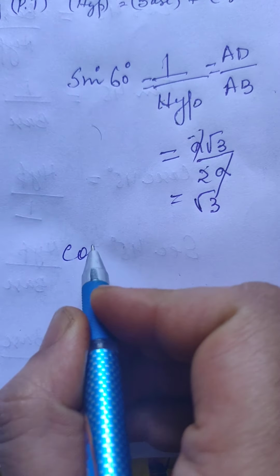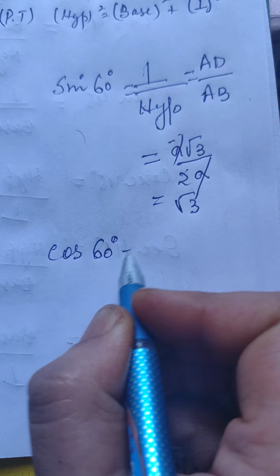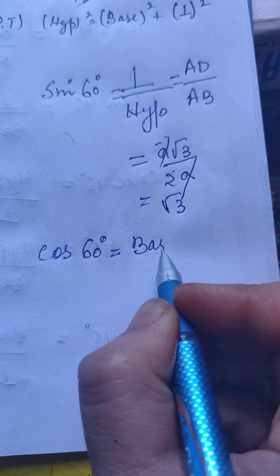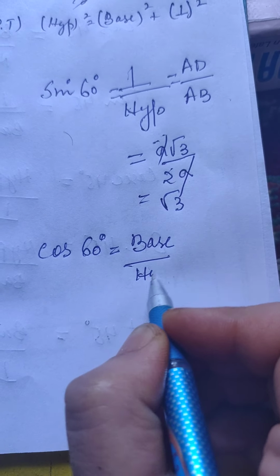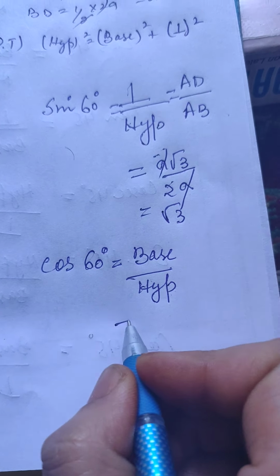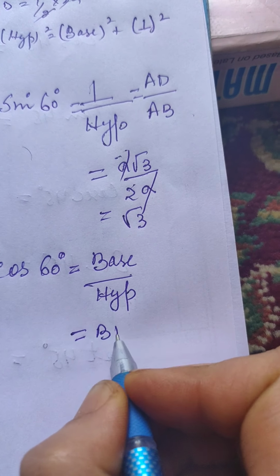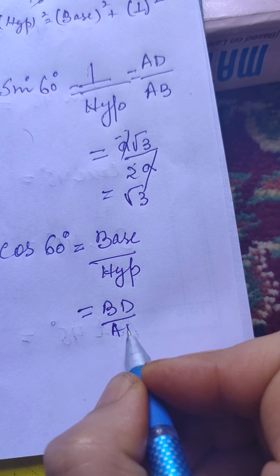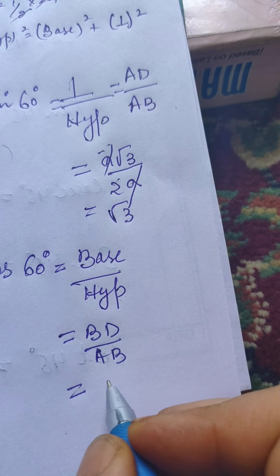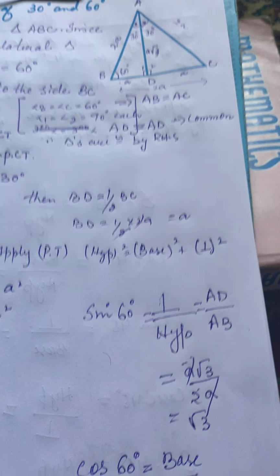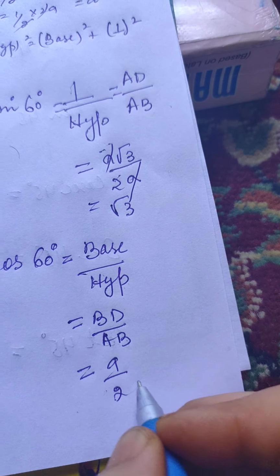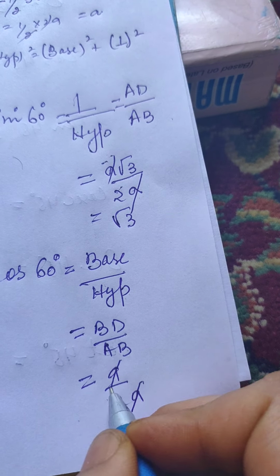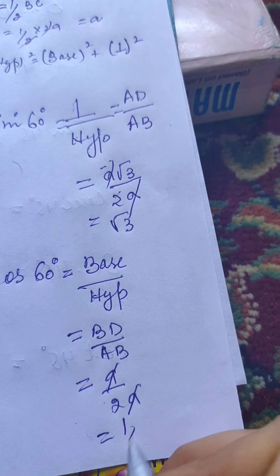Now cos 60 is base by hypotenuse. The base here is BD and the hypotenuse is AB. Substituting the values, BD is A and AB is 2A. A and A cancel, so cos 60 is 1 by 2.